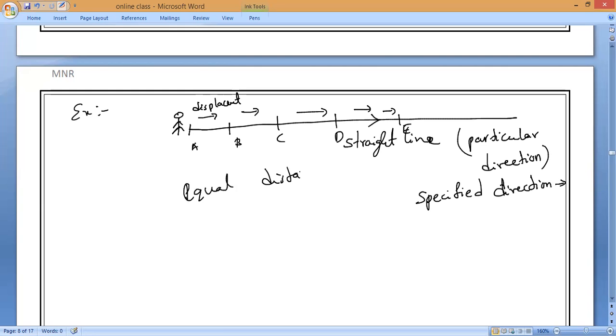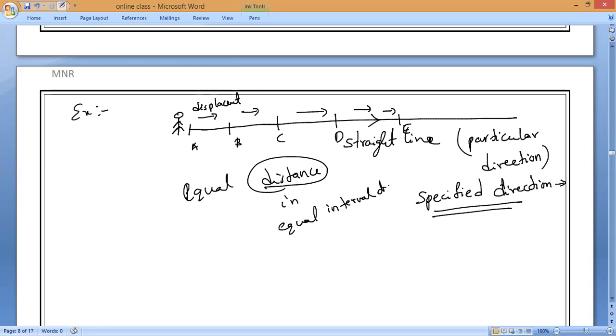Do you understand, everybody? Every displacement is a distance only, correct? Already we mentioned the specified direction, so it is equal distance in equal interval of time.